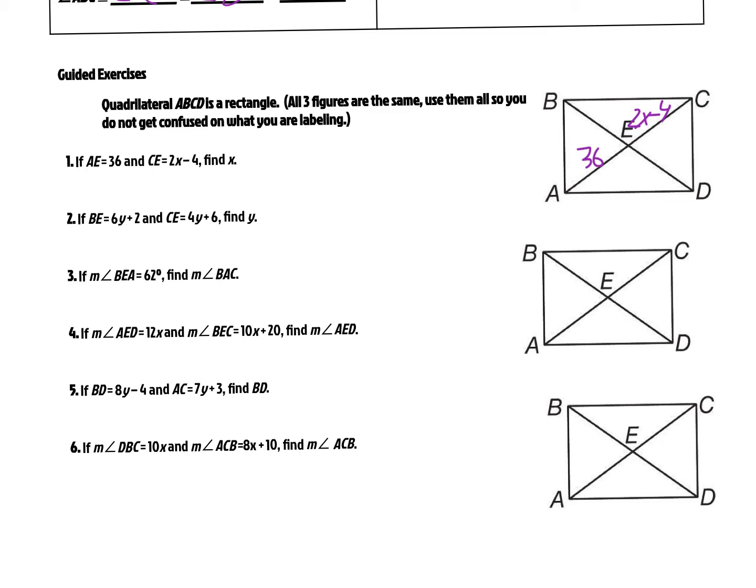Parallelogram property, diagonals bisect each other. Therefore, 36 is equal to 2x minus 4. If we combine our like terms, we end up with 40 is equal to 2x, or x is equal to 20.